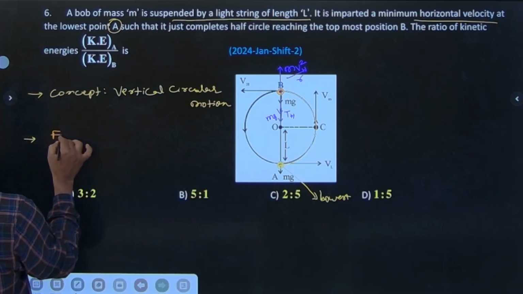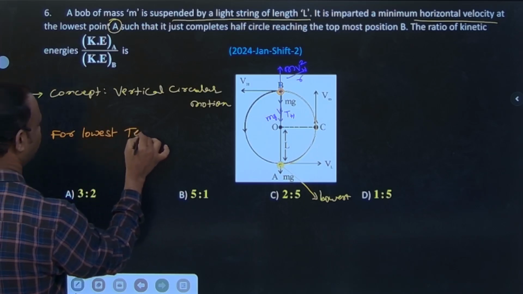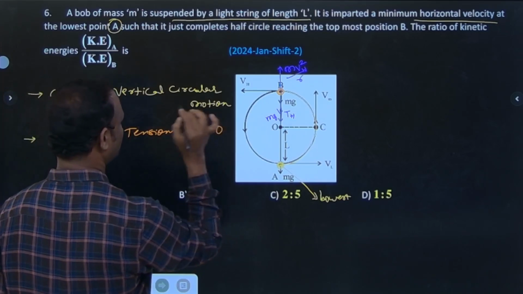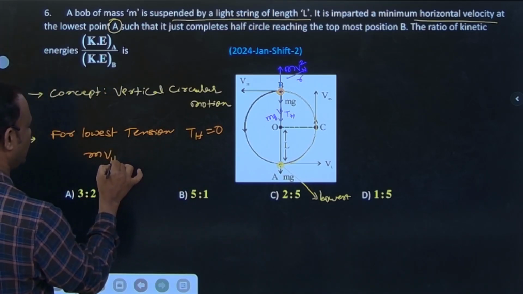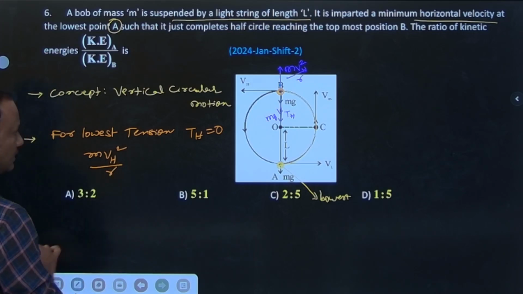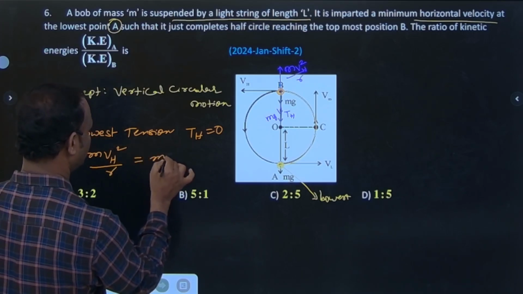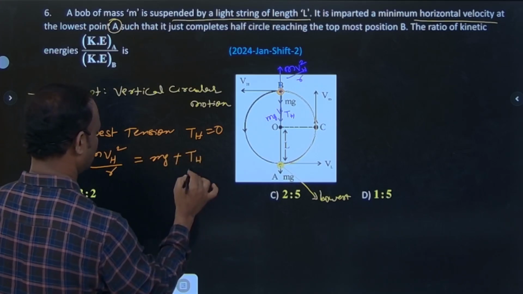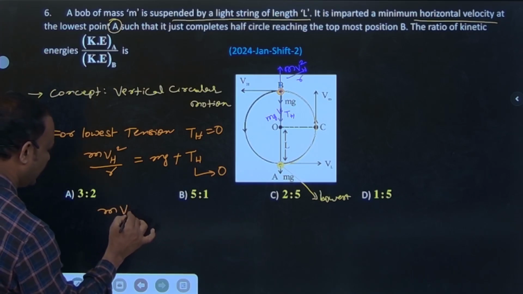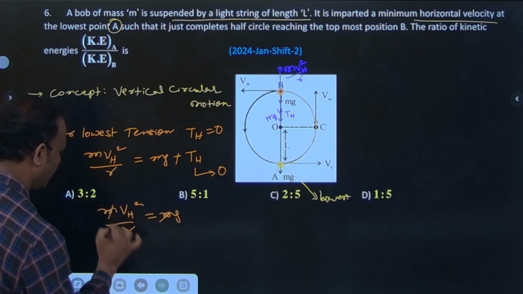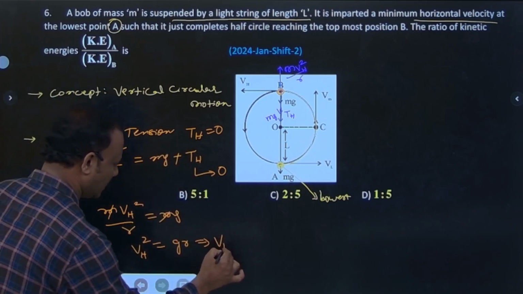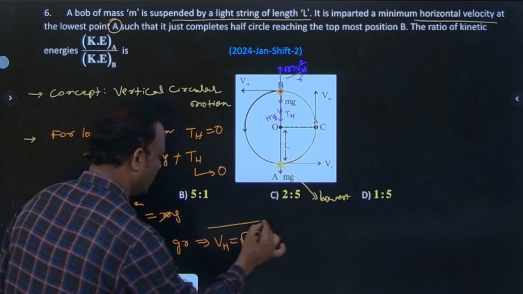So for the lowest tension, TH is equal to 0. So m vH square by r is equal to mg, plus the tension at the highest point, which applies only when the string slackens. Cancelling m, the velocity at the highest point is root of gr, otherwise root of gL.